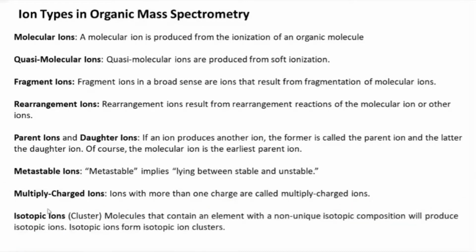The next one is isotopic ions. Isotopic ions are very, very important because you can see this. One hydrogen can exist as a proton, deuterium, tritium, meaning H1, H2, H3. All these three differ in their atomic weight.